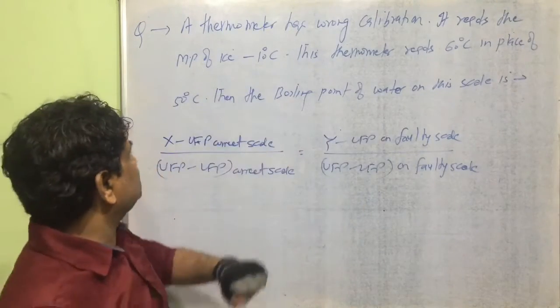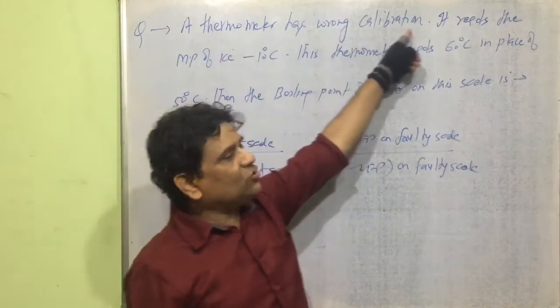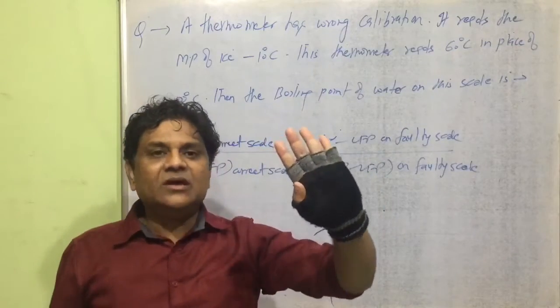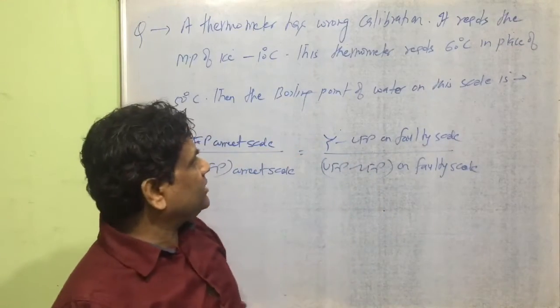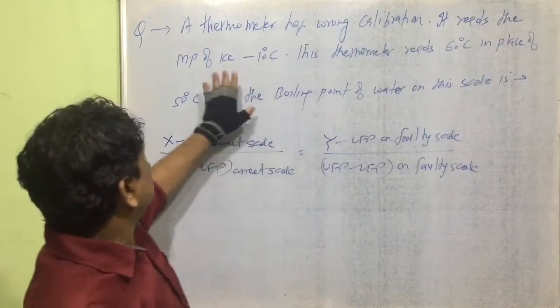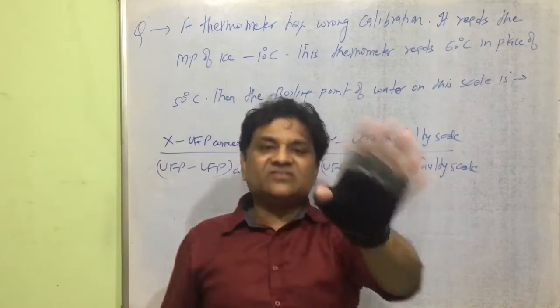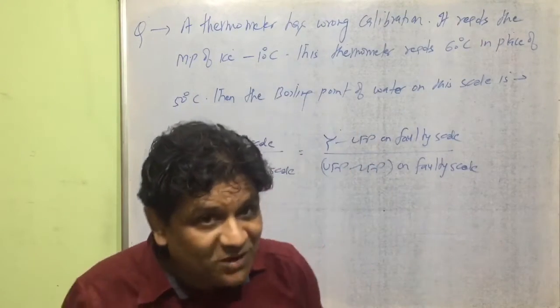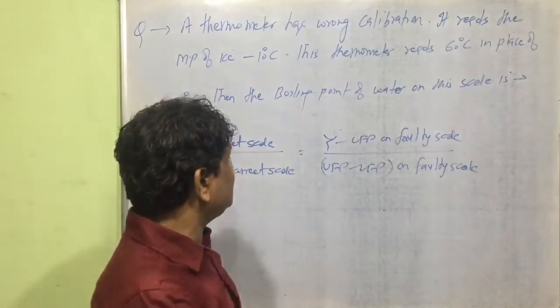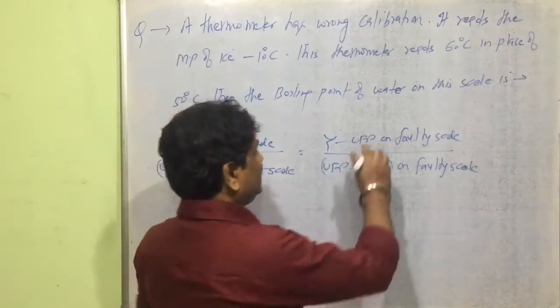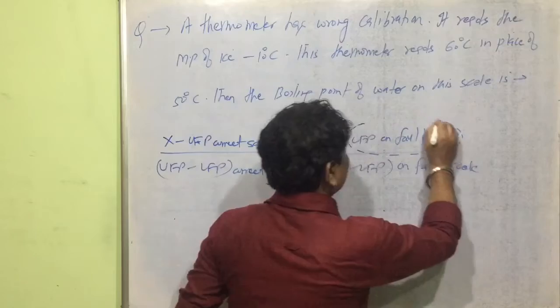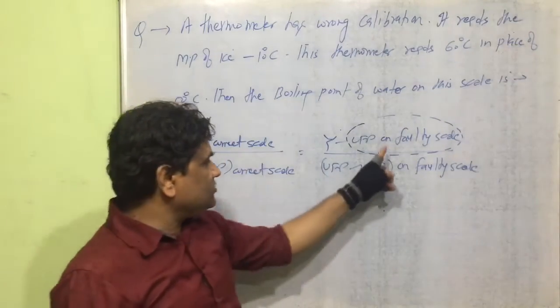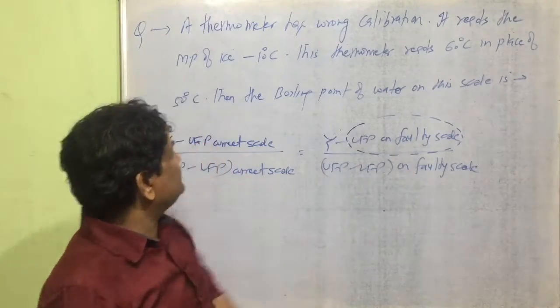Now we can check the question again. A thermometer has wrong calibration, which means the thermometer is a faulty thermometer. This thermometer reads the melting point of ice as minus 10 degrees Celsius. So what does this minus 10 degrees Celsius mean? It is the lower fixed point on the faulty scale. So this value is minus 10 degrees Celsius.